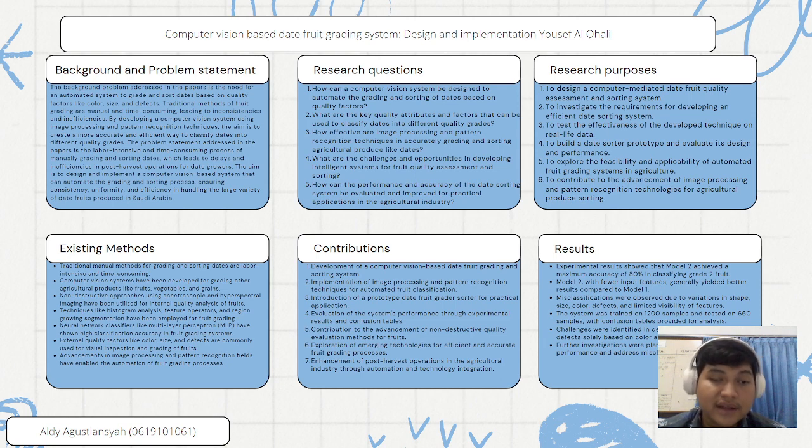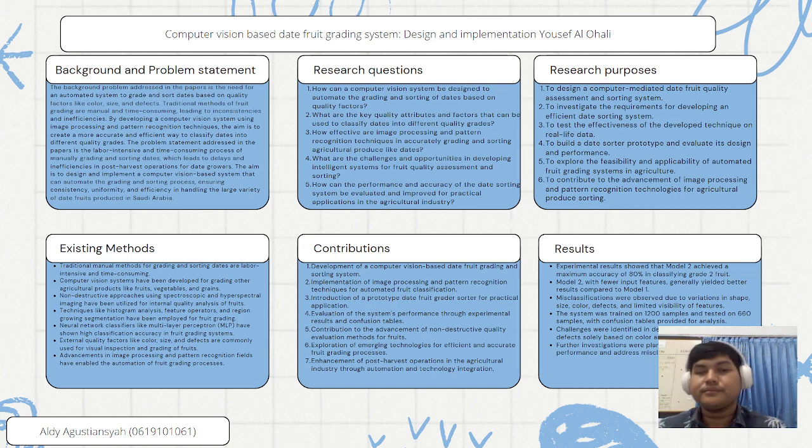External quality factors like color, size, and defect are commonly used for visual inspection and grading of fruits. Advancement in image processing and pattern recognition fields have enabled the automation of fruit grading processes.